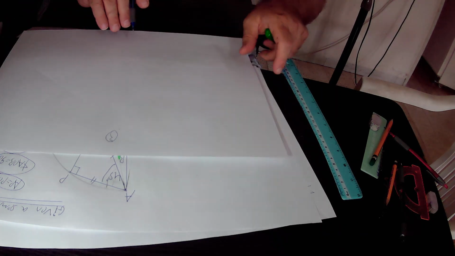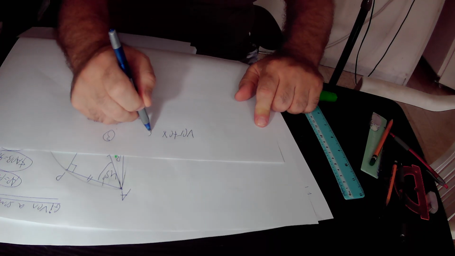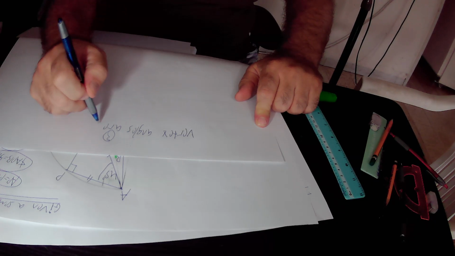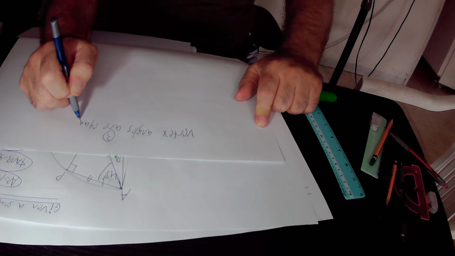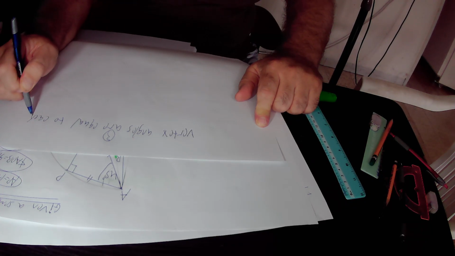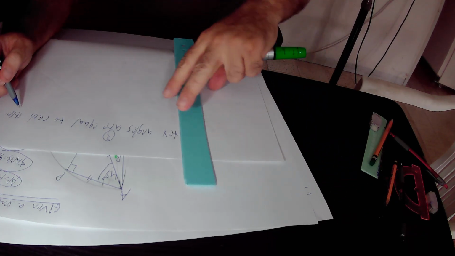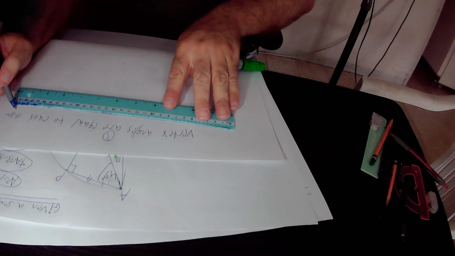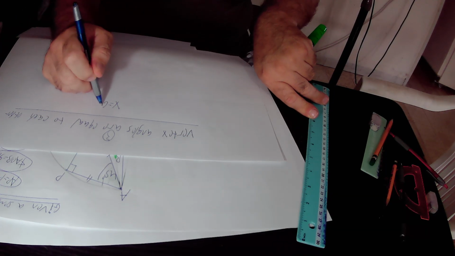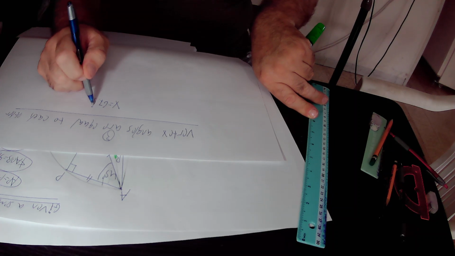According to the rule that vertex angles are equal to each other, we will get that angle X equals 67.5 degrees in its size. And that is the answer to the question.